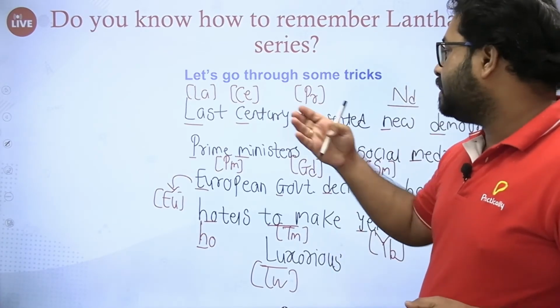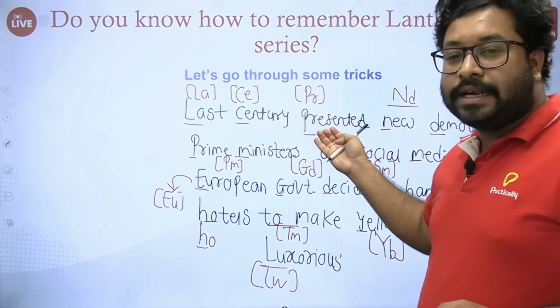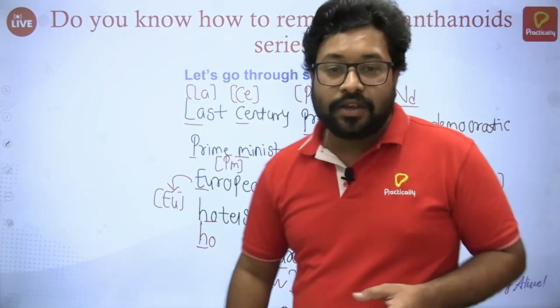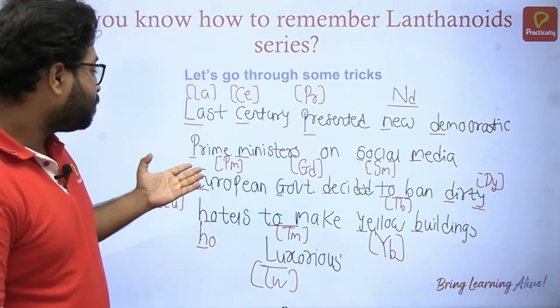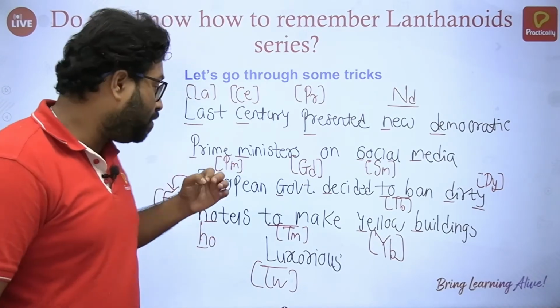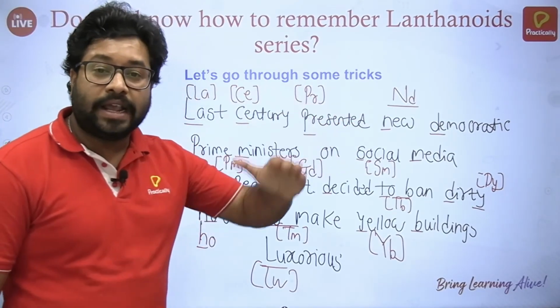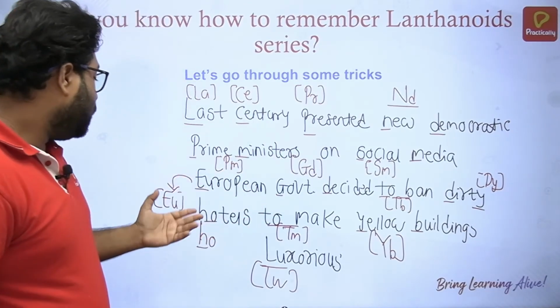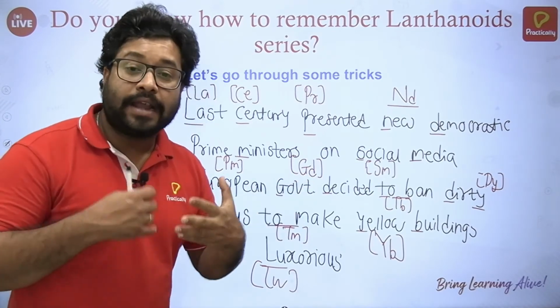So last, lanthanum; century, cerium; presented, PR, praseodymium. Then new democratic, ND, neodymium. Prime minister, PM, promethium. Then on social media, SM, samarium. European, europium. Then government decided, GD, gadolinium.